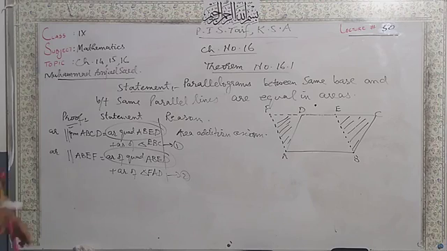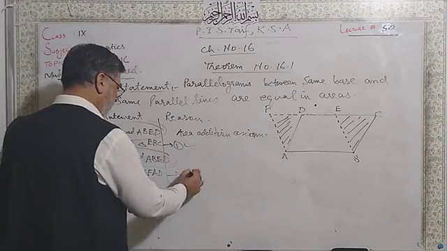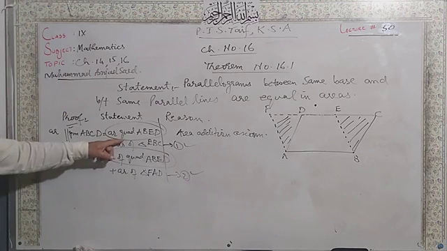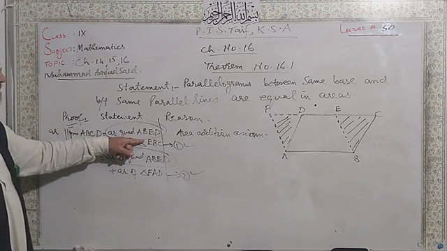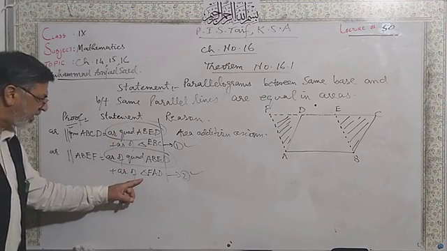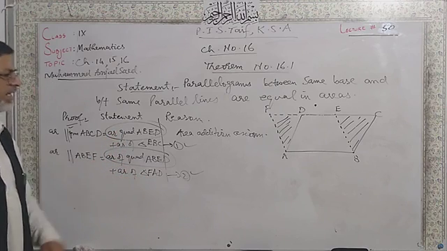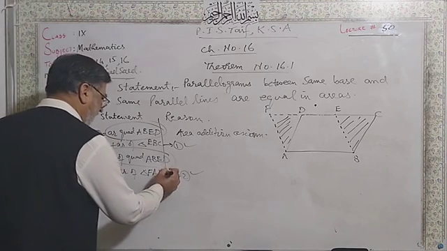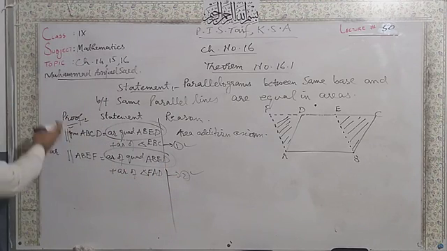So the very important thing is that we have to prove that if the area of triangle EBC is equal to the area of triangle FAD, then definitely both areas will be equal.